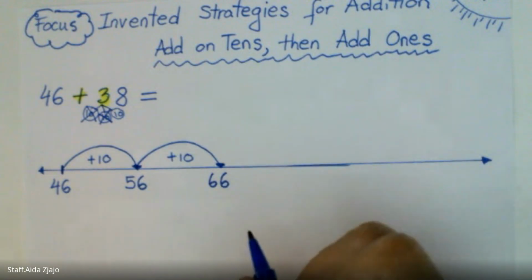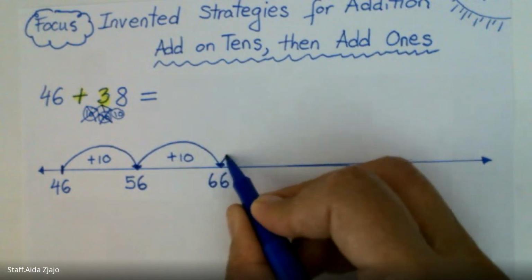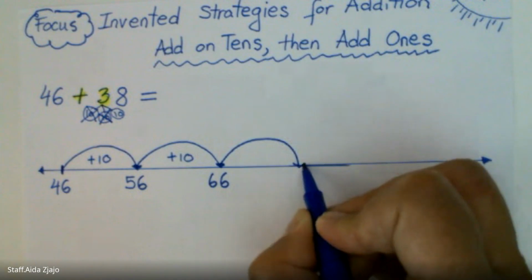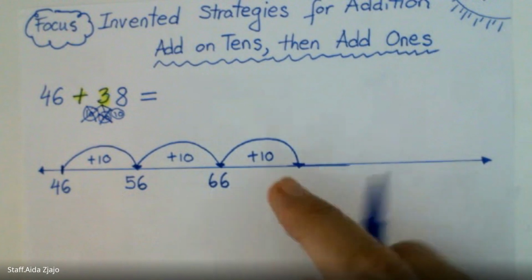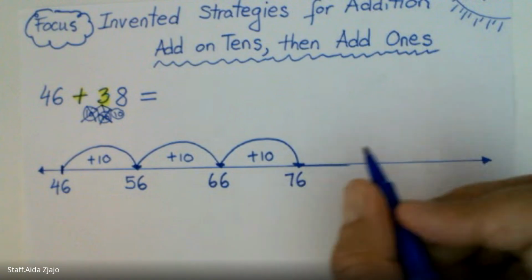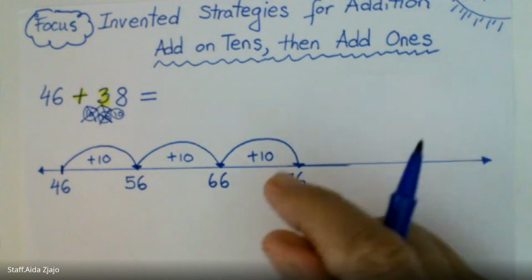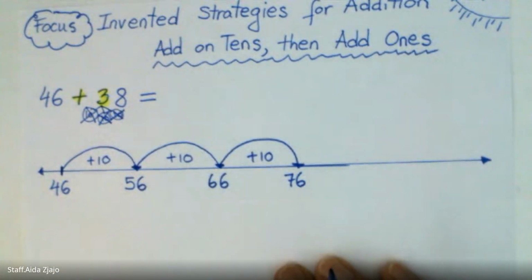I added 2 tens. I have one more 10 to add, so 6 tens plus one more 10 is 7 tens, and 6 ones is 76. I added all 3 tens.